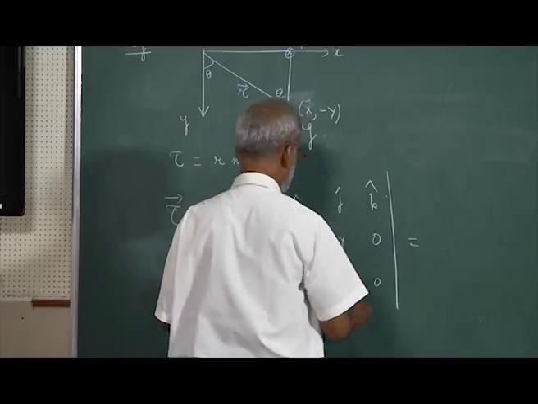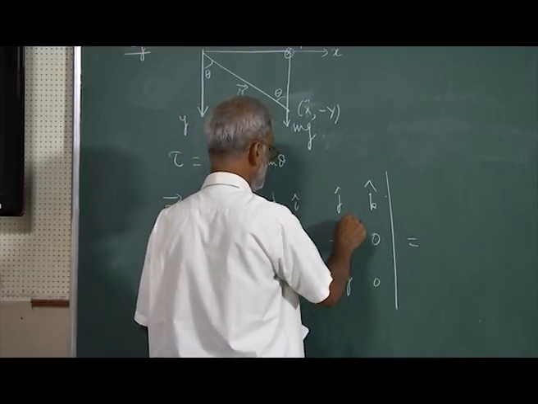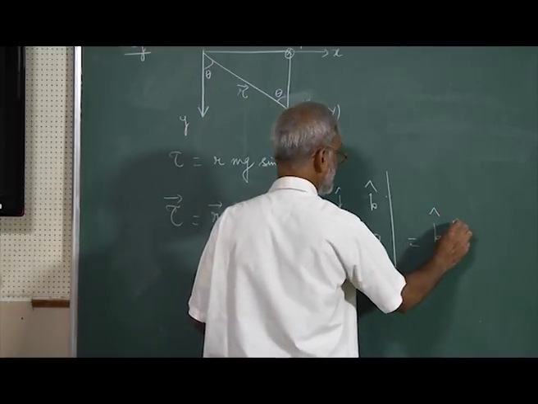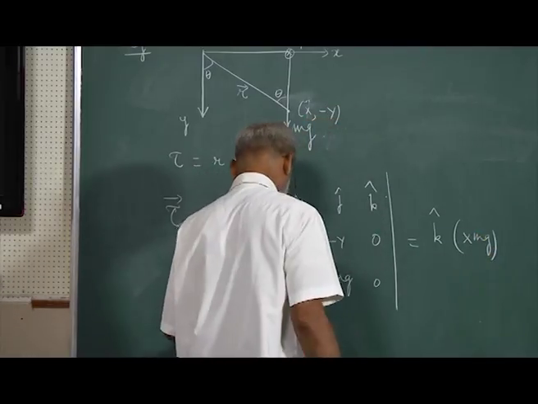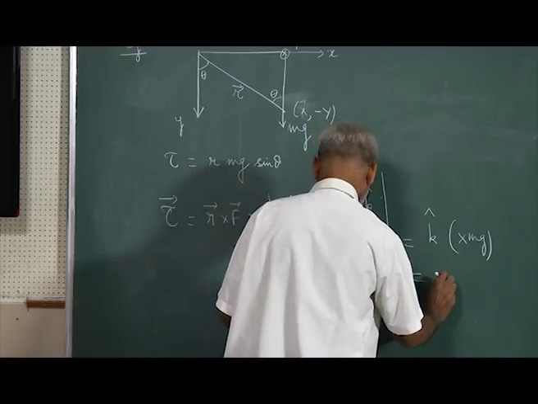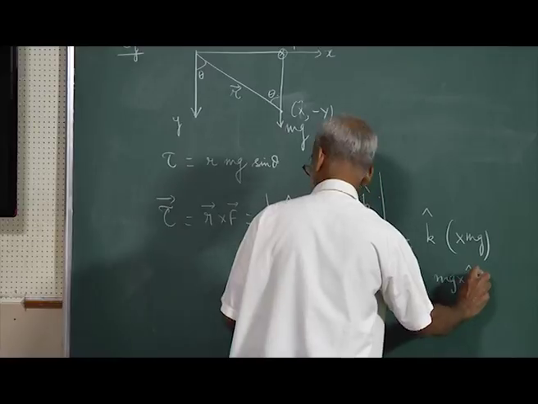So when you calculate, you will have i into this is 0, j into this is also 0, and the only surviving thing is k into x into mg. So this is nothing but mg x into k.